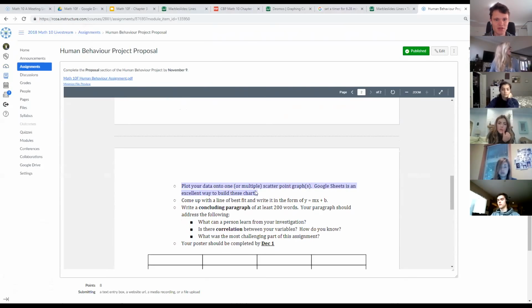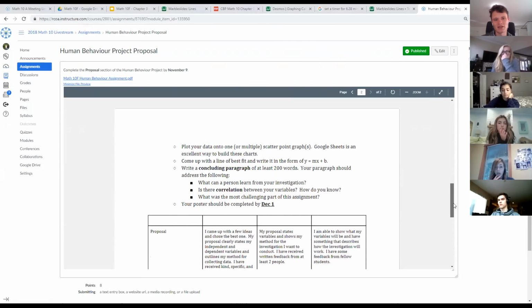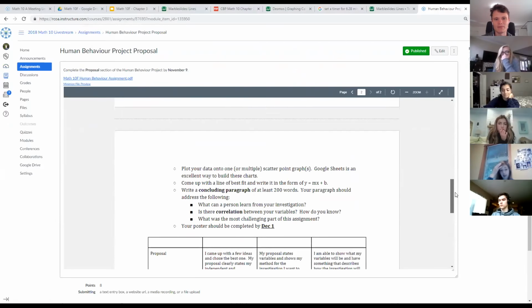Excuse me. We'll use Google Sheets for this. And then we'll do all this stuff later, a line of best fit, and then writing a concluding paragraph. We'll go over those details. Your poster should be completed by December 1st, which is about a month away. Just in time for, well, not just in time for Christmas, but yeah.